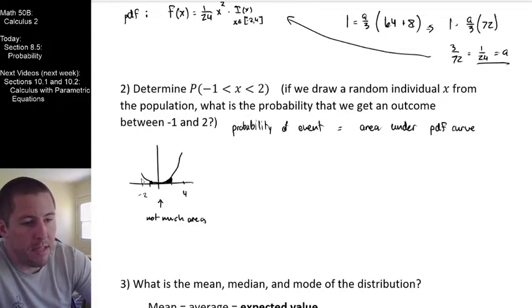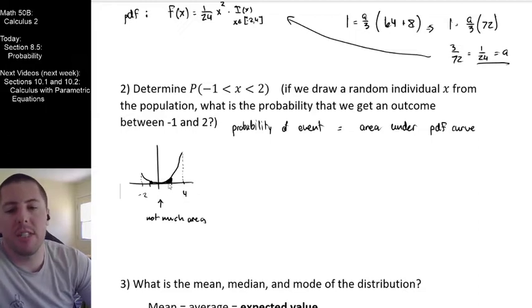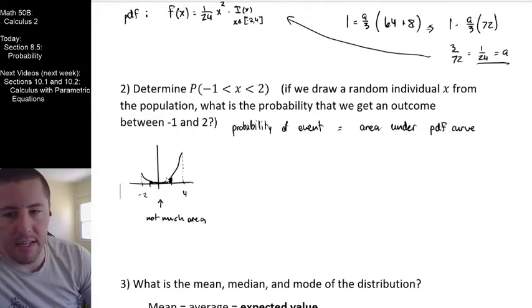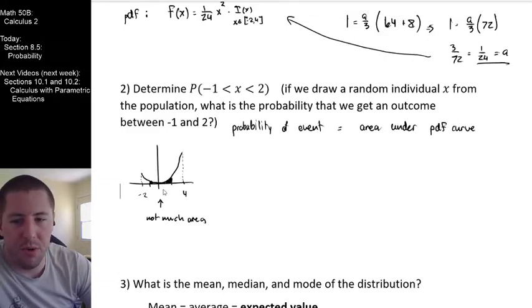We can ballpark guess this. What percent of all the area underneath this curve from negative 2 to 4 do you think we're getting from negative 1 to 2? It doesn't look like very much to me. A huge bulk of it is this stuff over here.